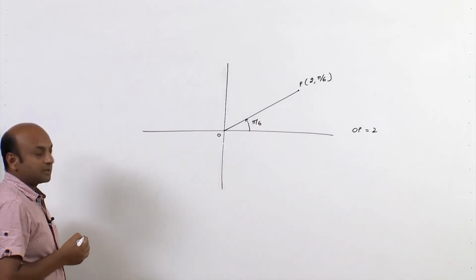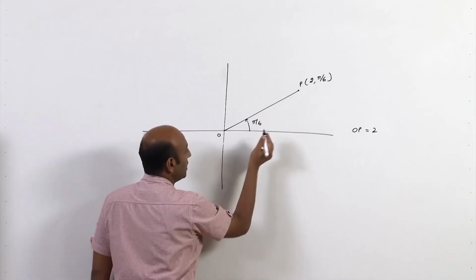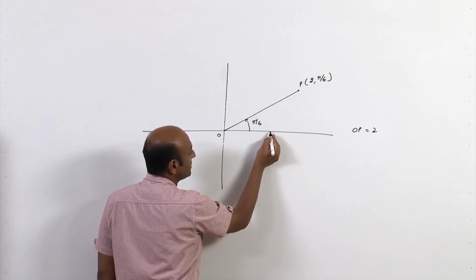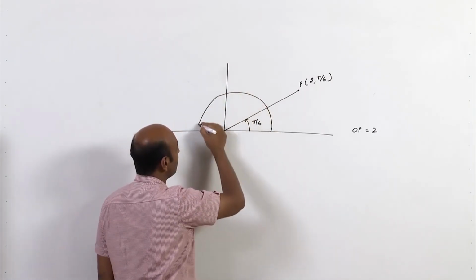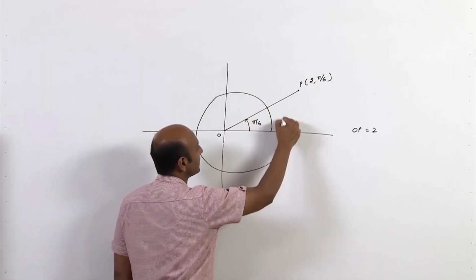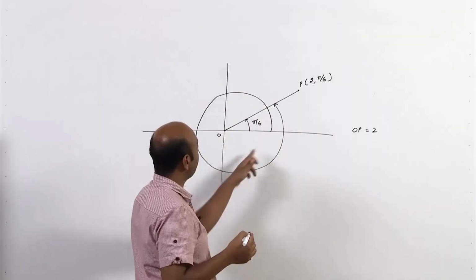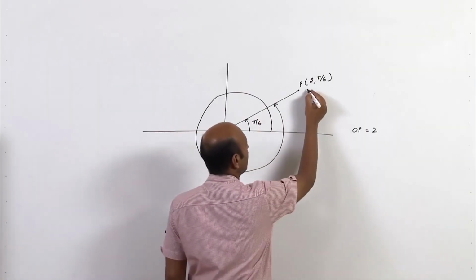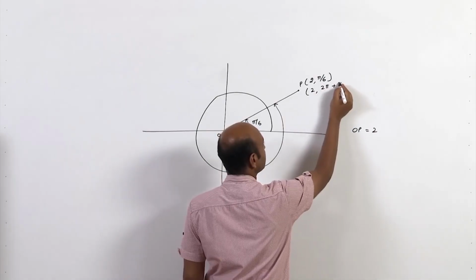Now there are various ways to reach this point. See, if we start from this ray, which is the initial ray, and after revolving an entire circle come again to this point, this will be 2 pi plus pi by 6. So this point may be represented as 2 comma 2 pi plus pi by 6.